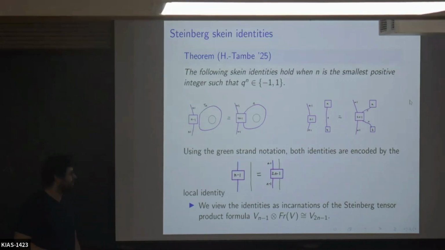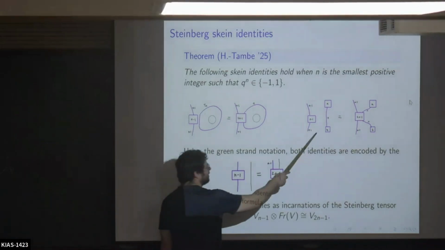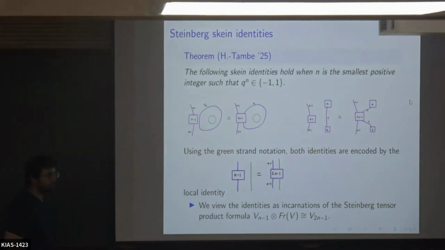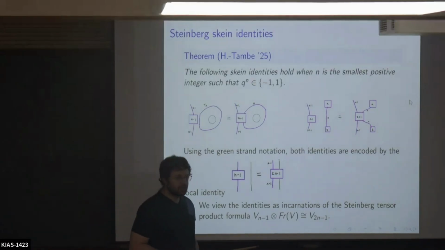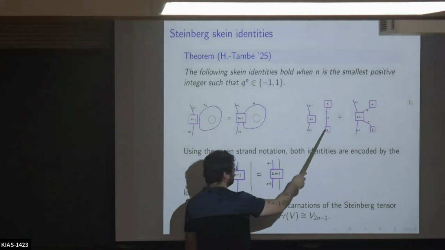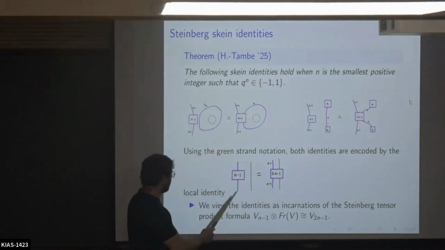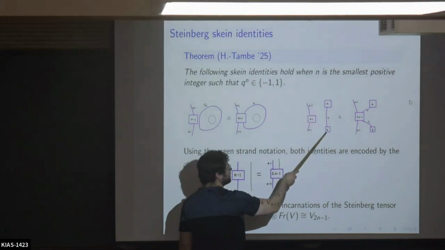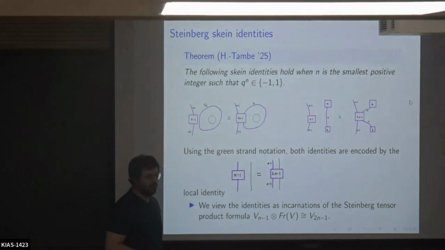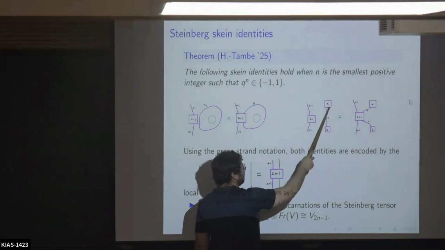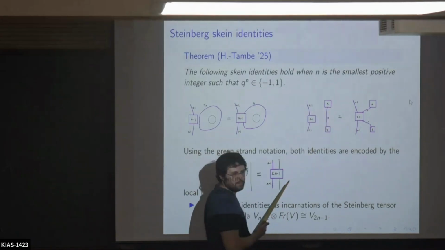A doesn't have to equal B, but they both have to be larger than n, so that there are enough strands to have n parallel copies. A and B are labels, natural numbers, so it's like Jones-Wenzl A and Jones-Wenzl B, and they have n arcs going between them, but there are other strands that I didn't draw.